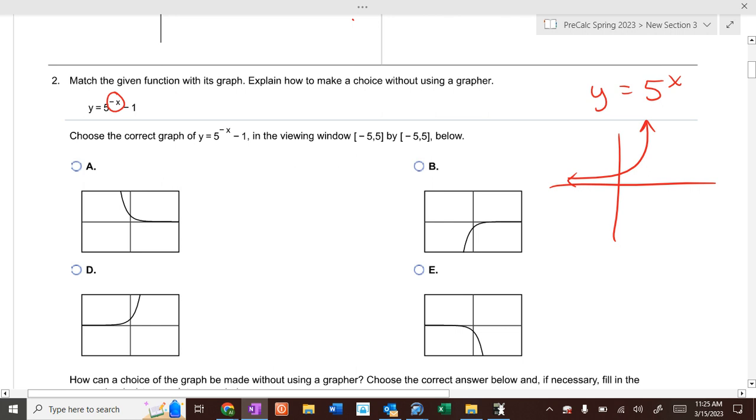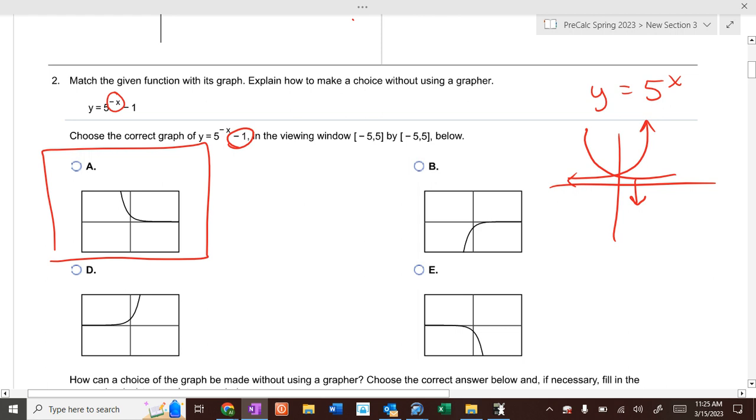Flips it across the y-axis. So then all of a sudden it looks like that. What does the -1 do to it? Moves it down by 1. So we need it like this, down by 1. It should be A. Okay?